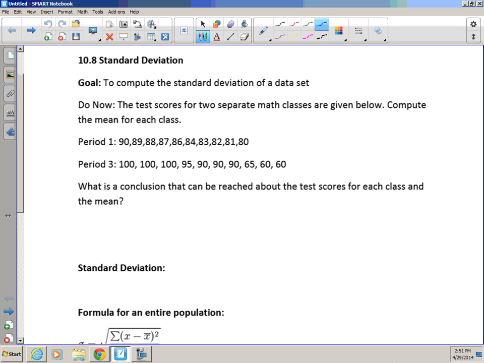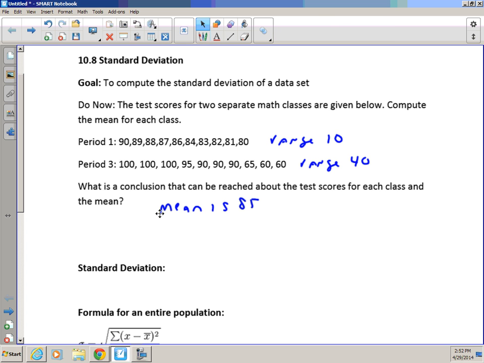And if you do that, you'll find that the mean for each period is 85. They have 10 tests taken each, and they both have an average of 85. But when you take a look at it, there's something different about them. And if you notice, period 1 has a range of 10, while period 3 has a range of 40.